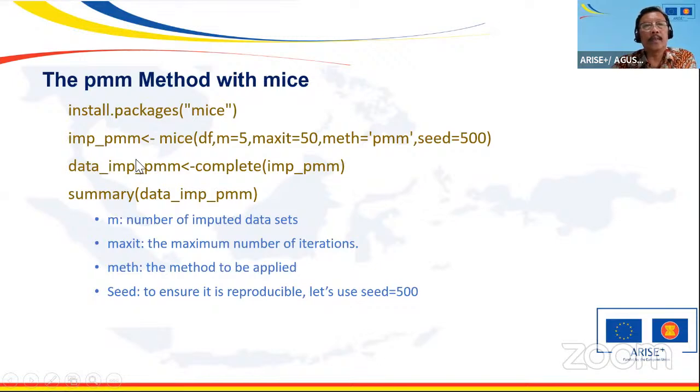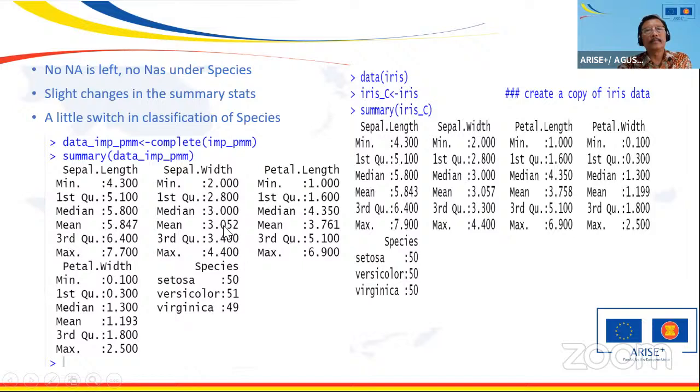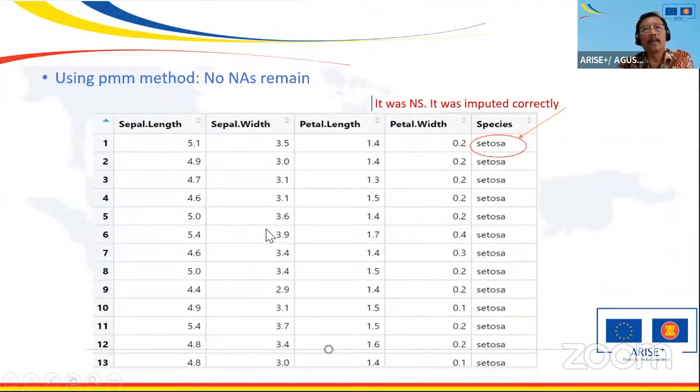So if you click this one, you can see the results. This is just a summary. Using the PMM method, we see no more NA here. You can scroll down the whole thing. You can see no NA.